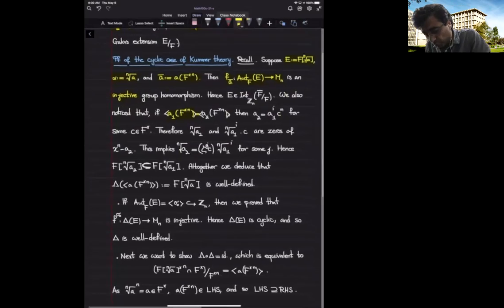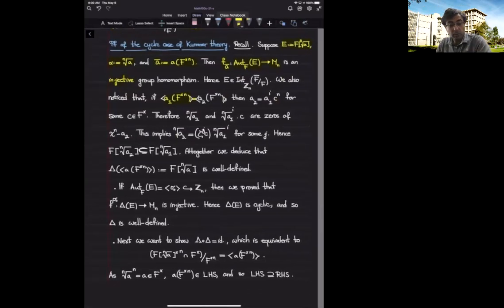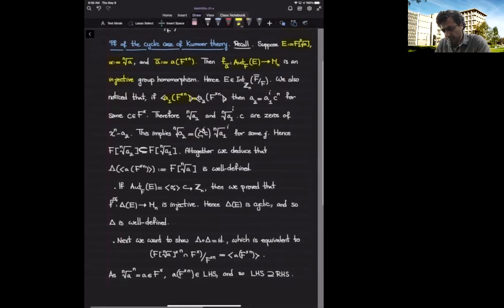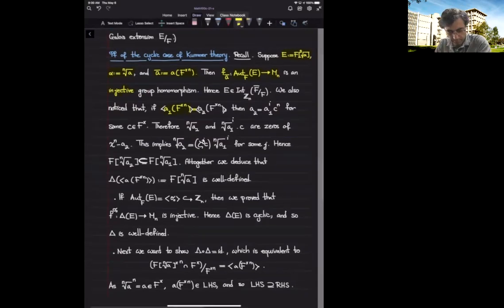Now let's go to the proof and see where we are. Again, as I mentioned, we have proved that delta is well defined. That means, as part of that, we need to address this issue: if I give you two generators of the same cyclic group, so let's say the coset represented by A1 and the coset represented by A2, both of them generate the same cyclic group, then A sub 2, being a coset representative here, should be a coset representative of one of the elements on the other side.